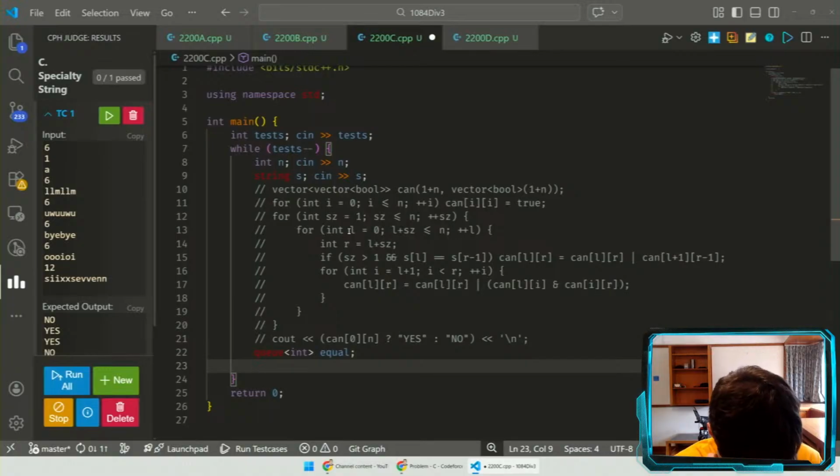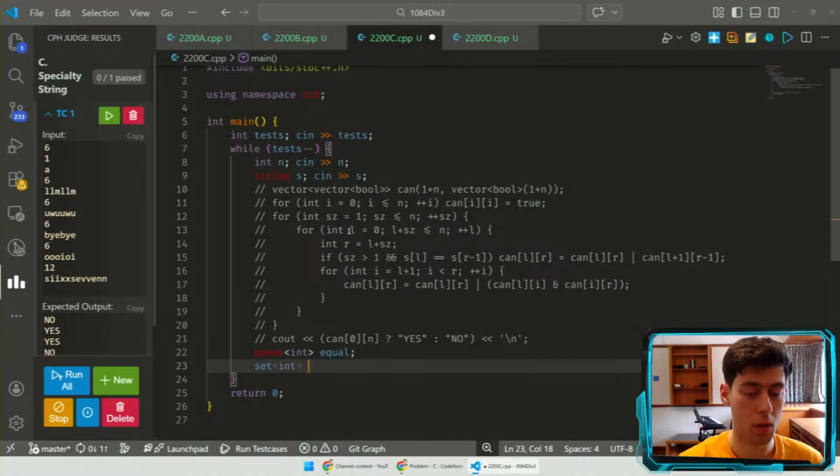Oh, wait, I need to know which positions are still left inside, right? So I guess I need a set anyway.